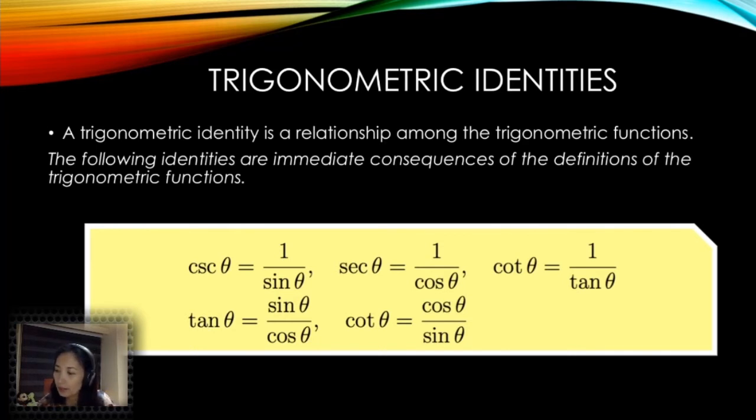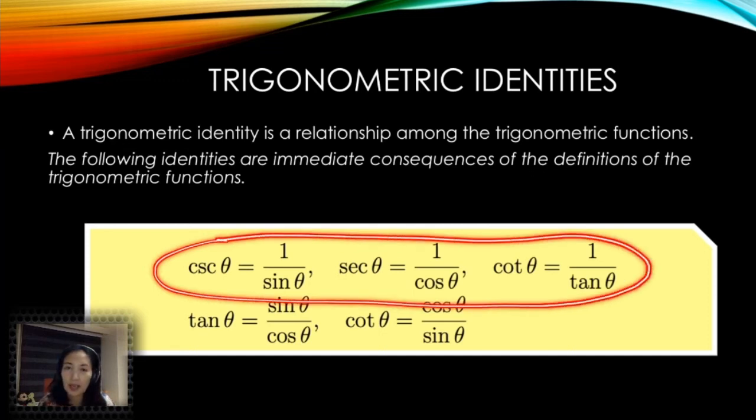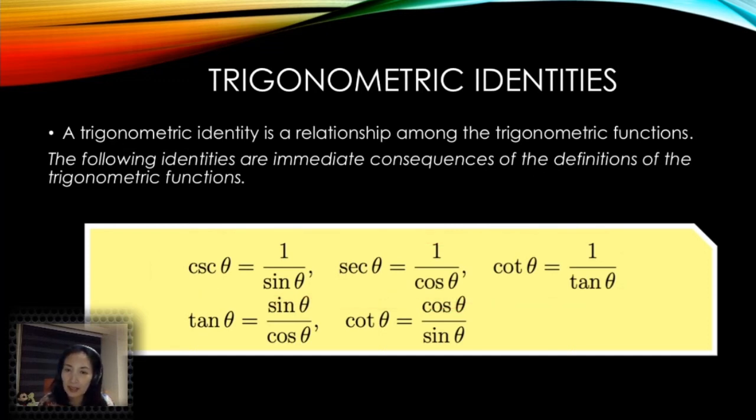Cosecant theta is 1 over sine theta. Your secant theta is the reciprocal of your cosine theta. Secant theta is equal to 1 over cosine. Your cotangent is the reciprocal of tangent. So these are the reciprocal identities.